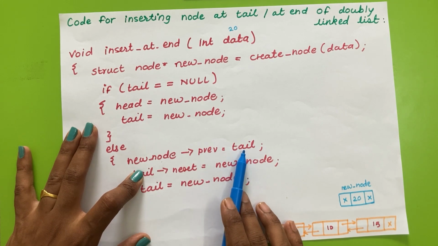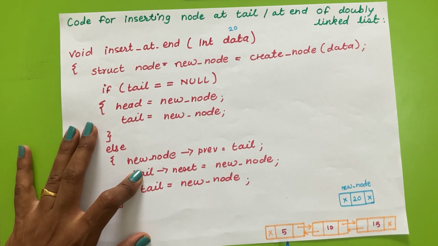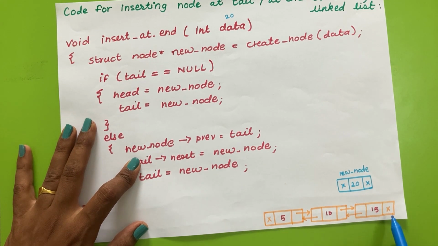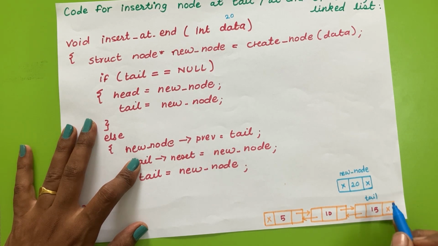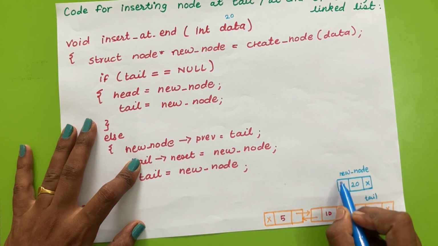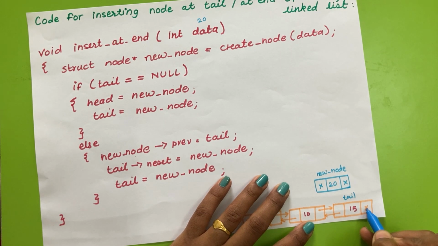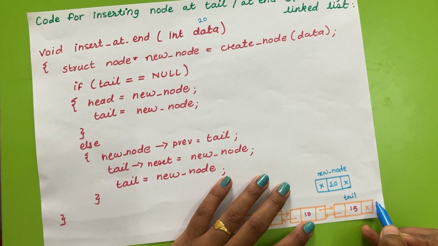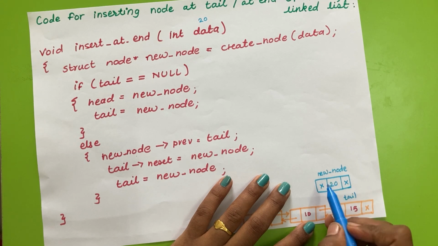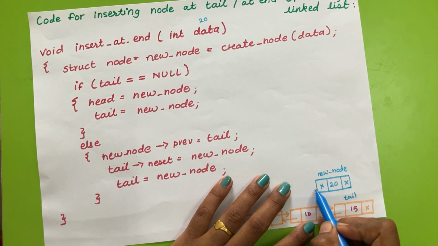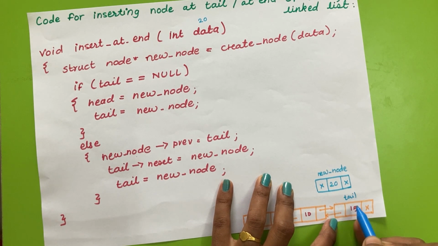So we have to make some changes in the pointers of the last node present in the linked list. Okay, so suppose consider that this is the tail node in the already existing linked list. So now we have to add this single node at the end of the linked list. It means we have to change the tail's next here. So the new node's previous field will store the address of the already existing tail node.